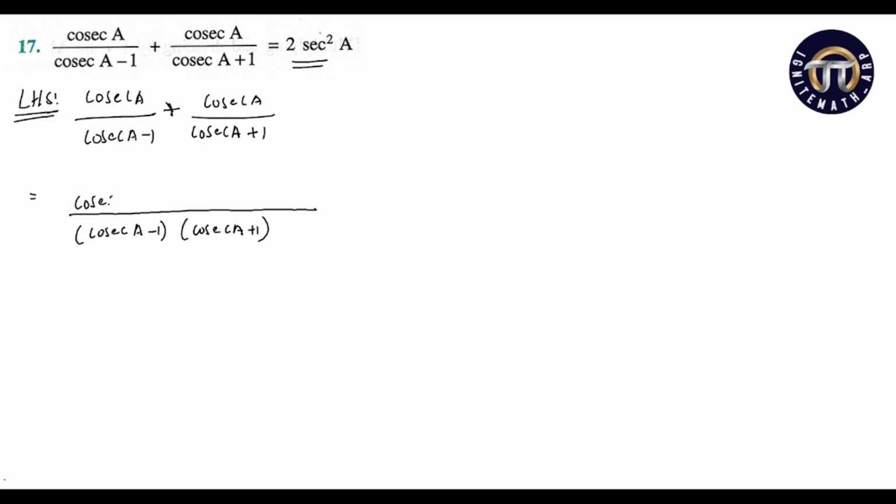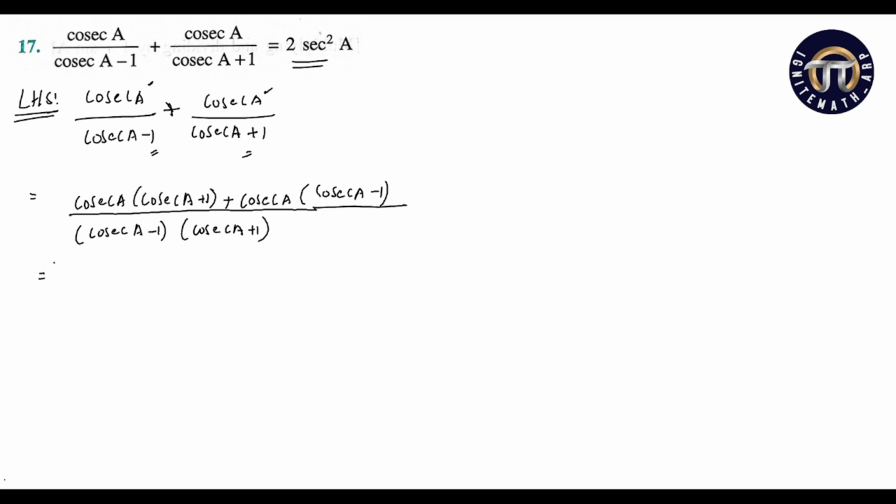Here this is going to be cosec A into cosec A plus 1, then plus cosec A into cosec A minus 1, because this numerator is to be multiplied with the other denominator, and this numerator is to be multiplied with the other denominator.